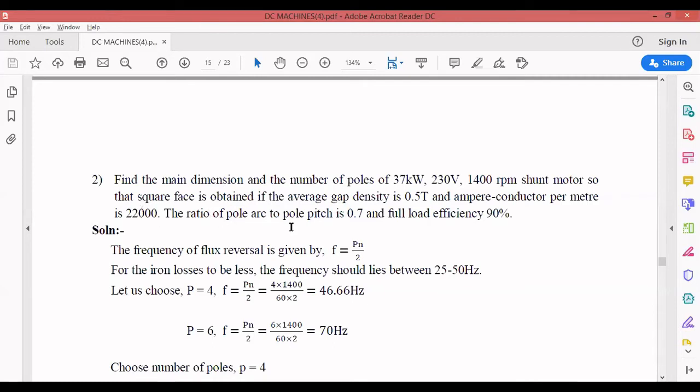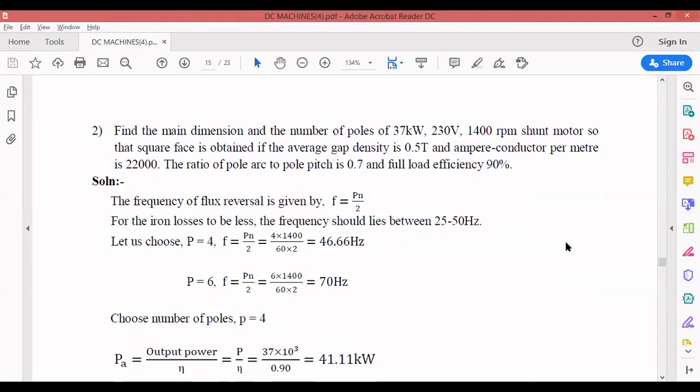The ratio of pole arc to pole pitch is 0.7 and full load efficiency is 90%. Here they have not given the number of poles, so you have to find out the number of poles.